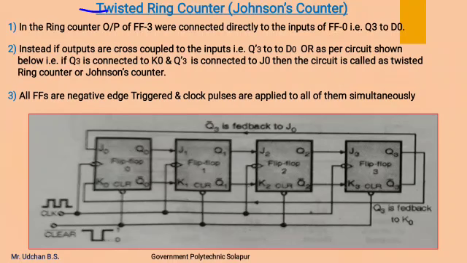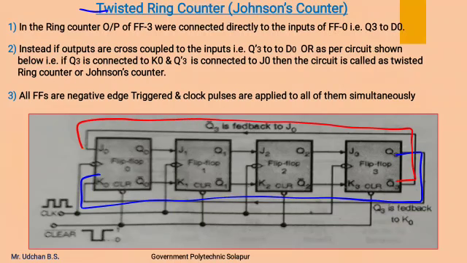In this circuit JK flip flop is used. Therefore the Q3 output is connected to K0 input, whereas Q3 complement output is connected to J0 input. This is how the outputs are cross coupled to their initial inputs.